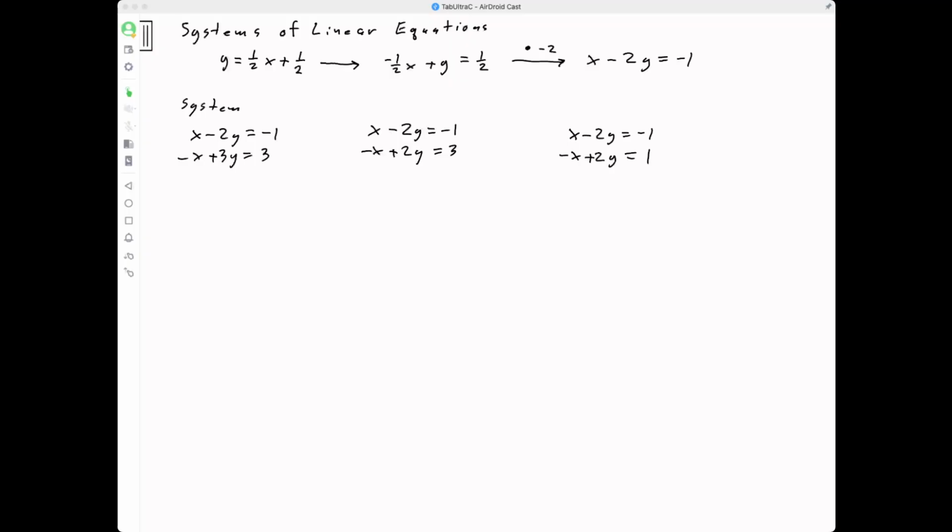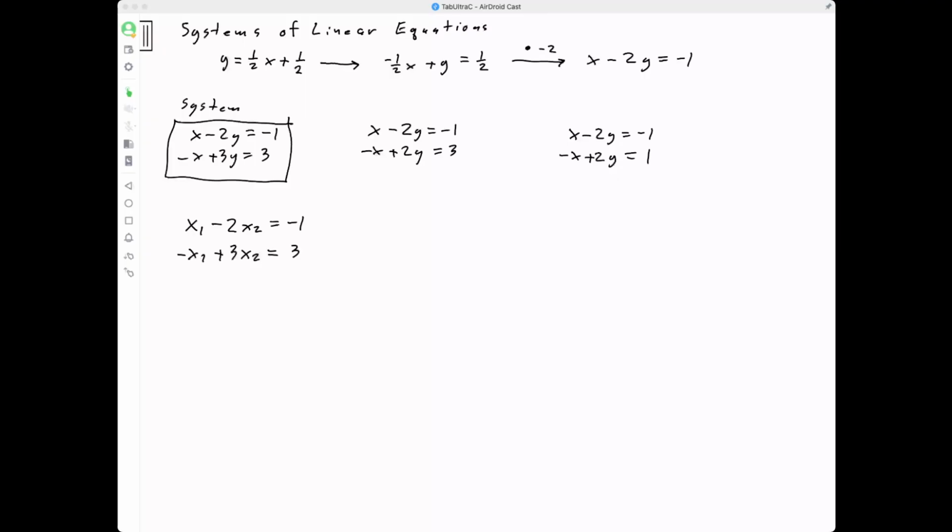So we're going to concentrate just on this first system of equations. I'm going to rewrite this not with x and y, but with x1 and x2 because it's just more general. So I'm going to rewrite this system as x1 minus 2x2 is equal to negative 1, and negative x1 plus 3x2 is equal to 3.